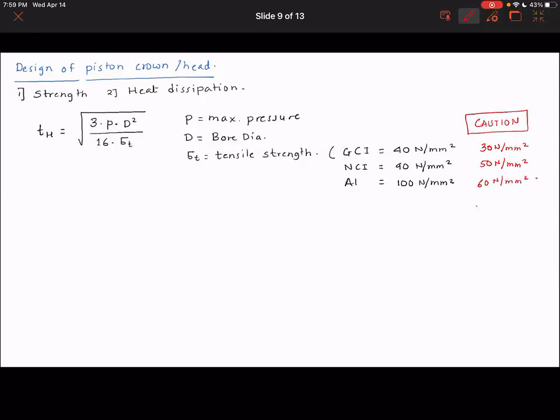So here is something I want you to keep in mind. Typically, piston failure occurs in heat dissipation.